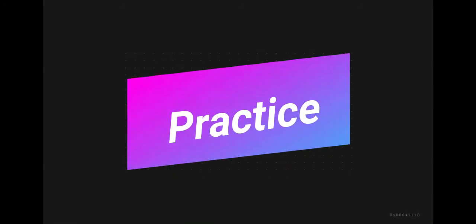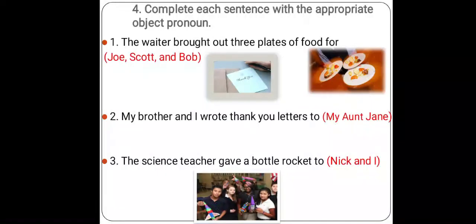So let's practice now. The first activity, let's complete each sentence with the appropriate object pronoun. So here we have a noun or nouns, and you need to change this noun, if you have one, with an object pronoun. For example, the waiter brought out 3 plates of food, as you see in this picture. So that's the waiter. For whom? For Joe, Scott, and Bob.